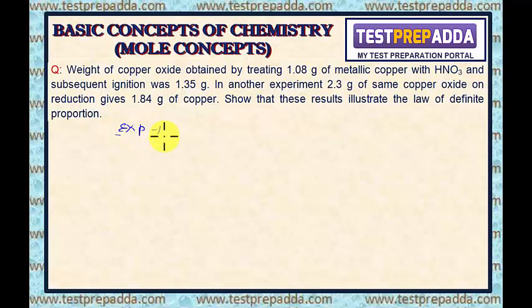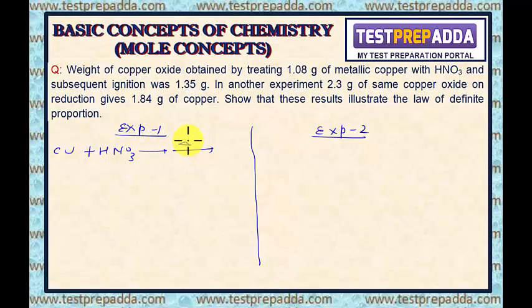Experiment 1, experiment 2. In first experiment, copper is reacted with HNO3, then further it is heated, and this way we get copper oxide. Now in another experiment, copper oxide gives copper.